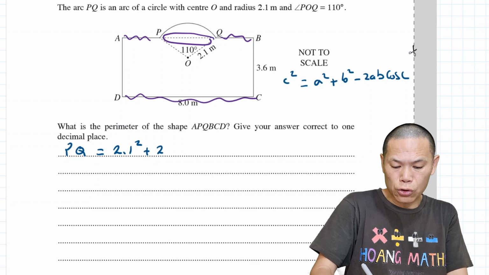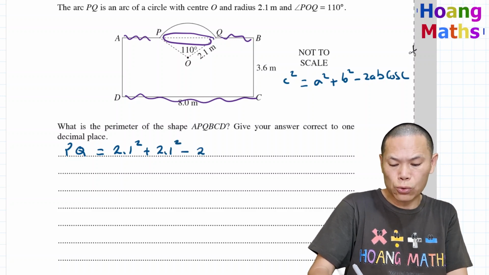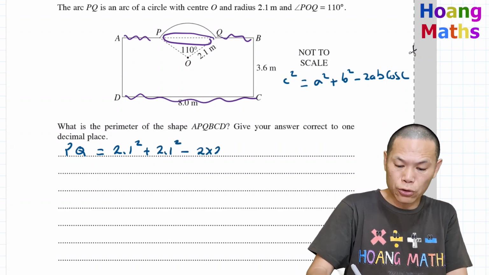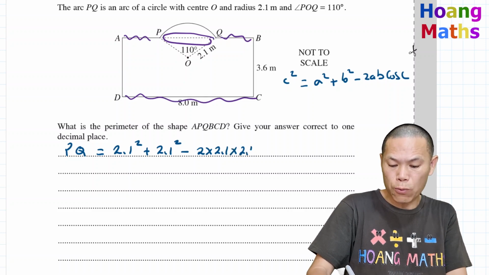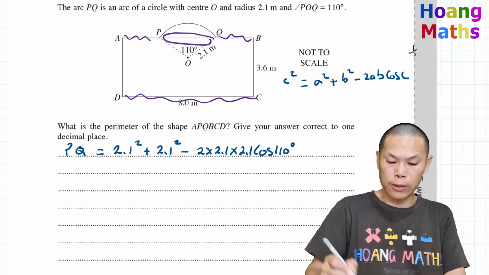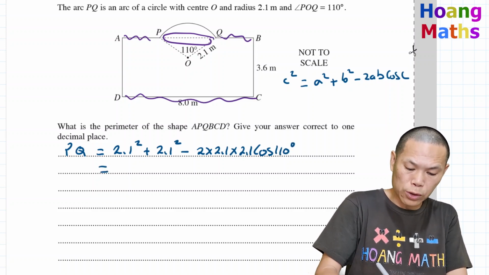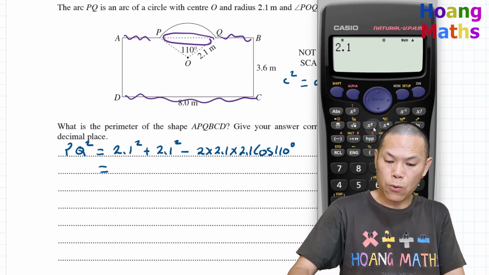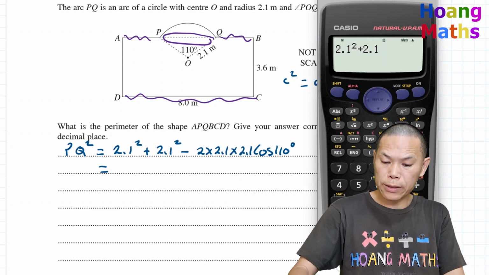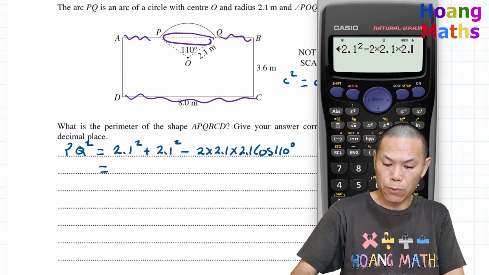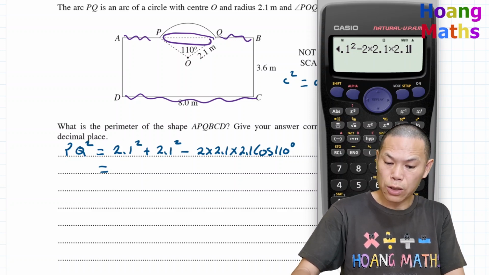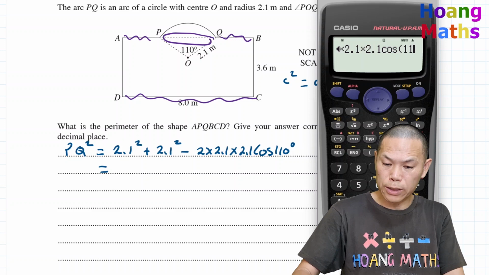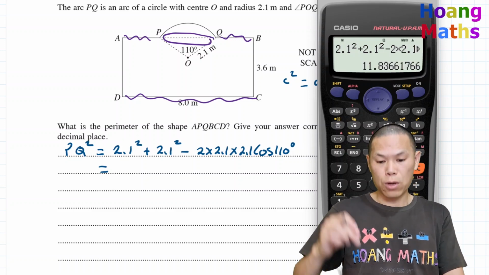So plus 2.1 squared minus 2 times 2.1 times 2.1, and cos of the angle in between, that is 110 degrees. Okay, don't forget this is squared. So I just go 2.1 squared, we add 2.1 squared, we minus 2 times 2.1 times 2.1 cos of the angle in between, 110. So there you go.